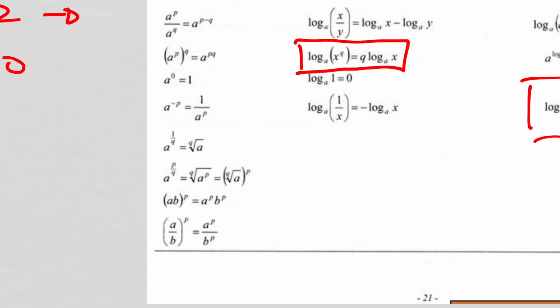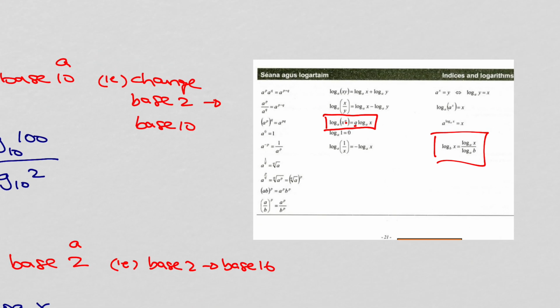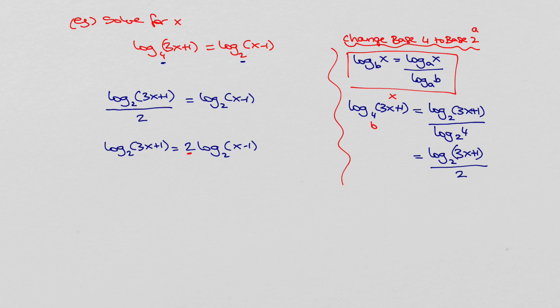If I have a coefficient q in front of my log, then that q becomes the power of the number. So that's going to be log 3x plus 1 to the base 2 equals log x minus 1 squared to the base 2. And now I can see I have a single log on the left, single log on the right, both to the same base, which means I can now equate.